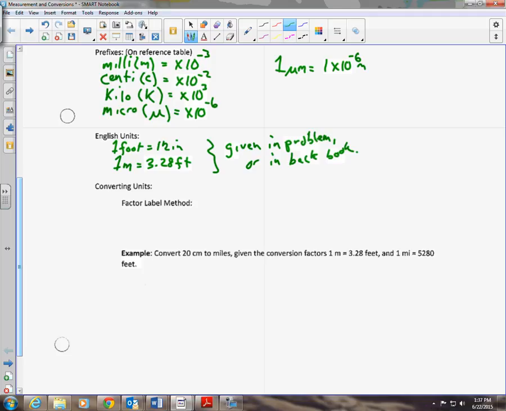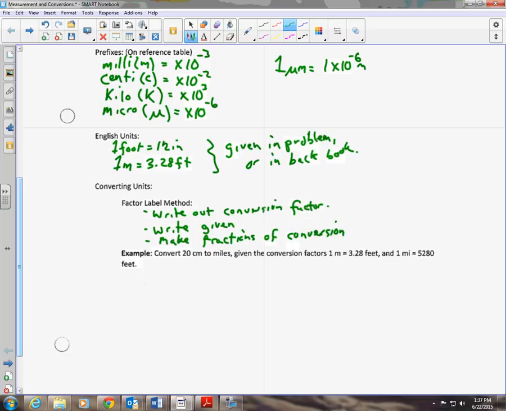We're going to use what's called the factor label method. Write out your conversion factors, write your given, what you're trying to convert, and then make a fraction out of the conversion factors so that the units cancel.